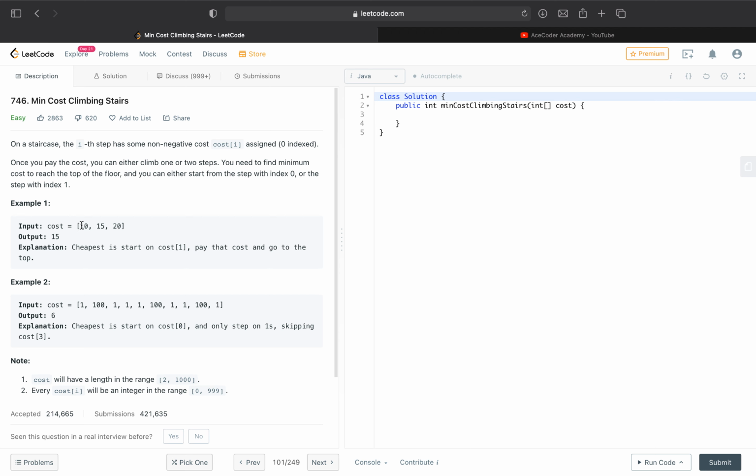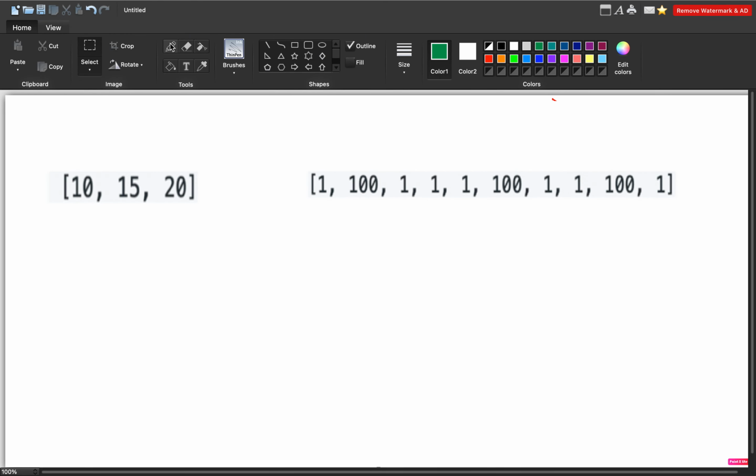So let's understand what the problem is trying to say with some test cases. These are the elements of the array. If you are standing at a particular index, you can either make a jump of 1 or a jump of 2 to reach the end of the stairs.